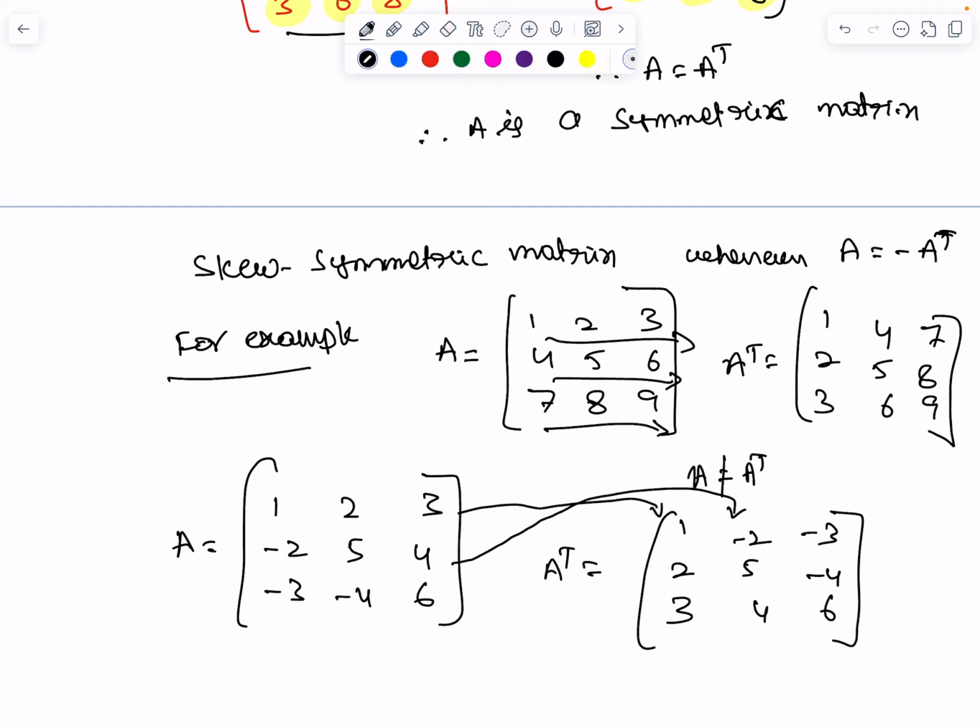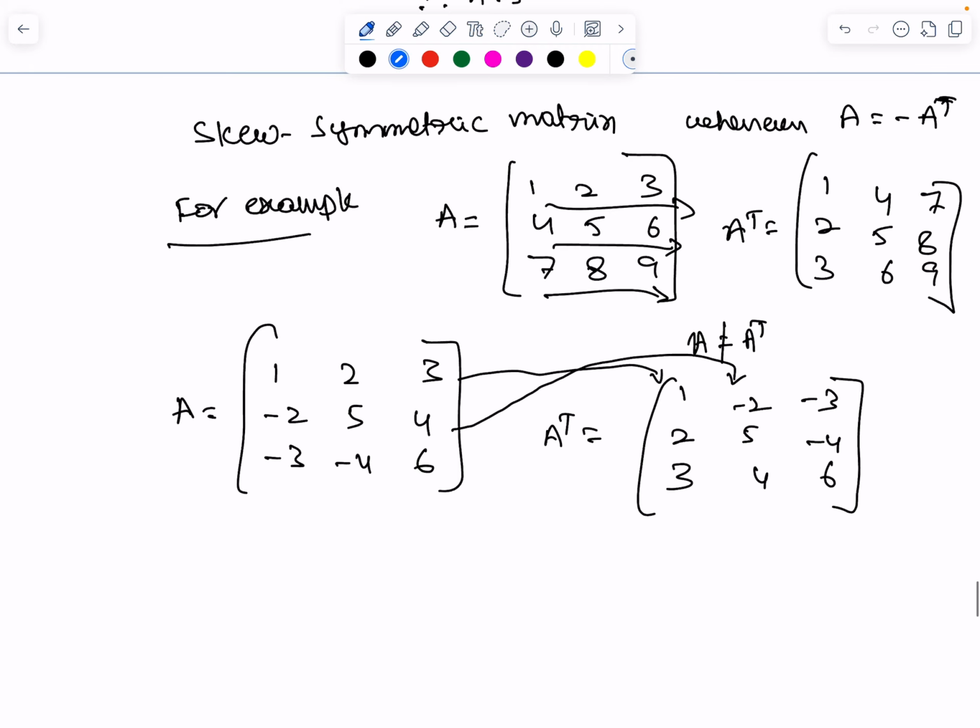Now you are checking whether A is equal to minus A transpose. If I multiply with a minus sign, whether it is giving A with the negative sign.